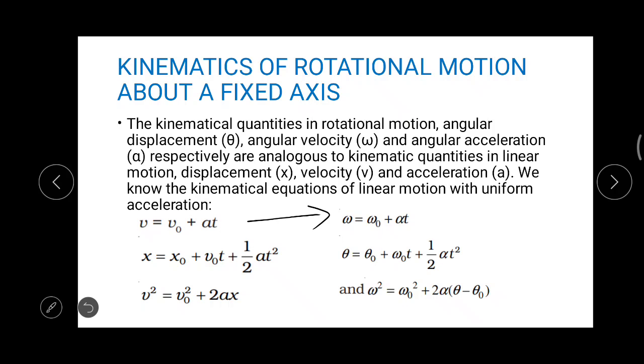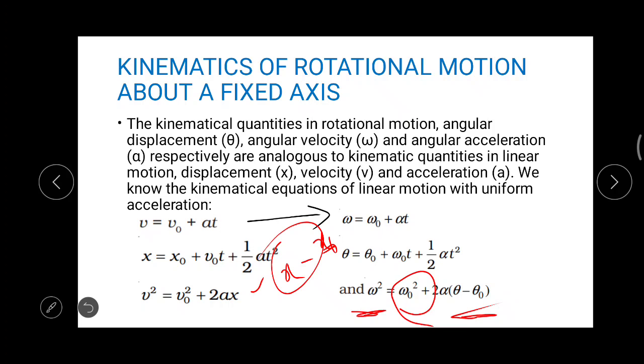Now the last equation, that is v square is equal to v0 square plus 2ax, where this x is actually x minus x0, the displacement. In the case of angular motion, omega square will be equal to omega 0 square plus 2 alpha into the displacement theta minus theta 0.